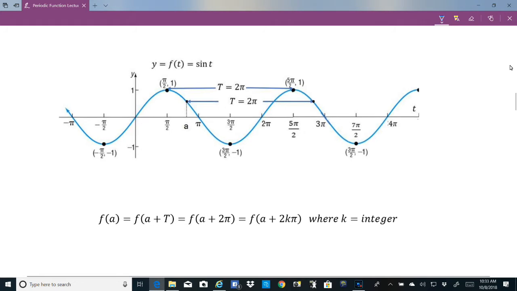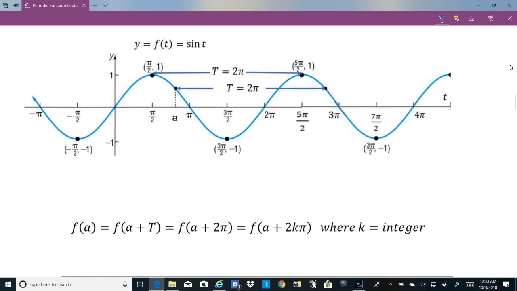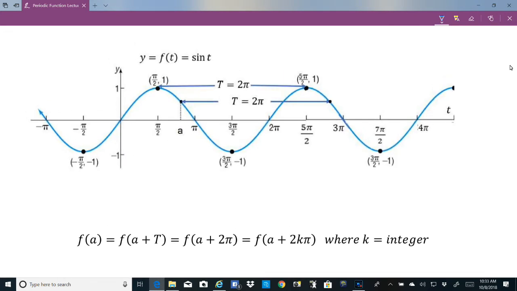Now, just looking at the sine function a little more carefully, y equals f of t equals sine of t. If we are at a peak of 1 at pi over 2, and we go to 5 pi over 2, which is 2 pi over, we get back to the peak.